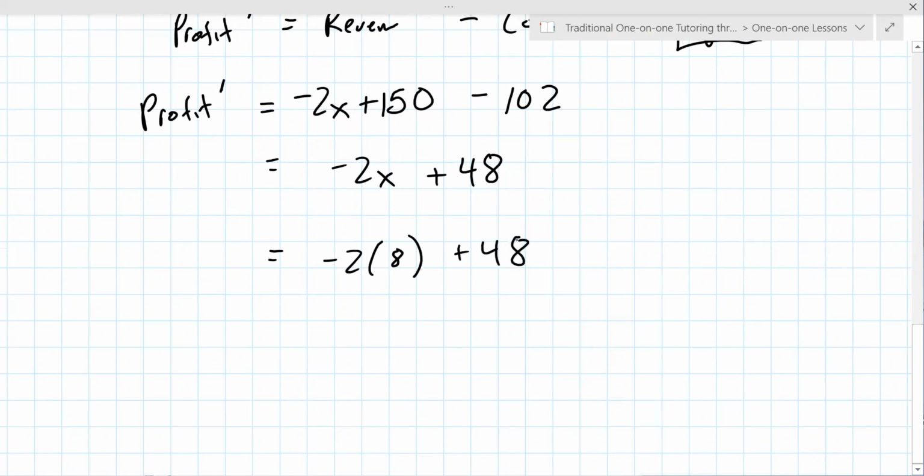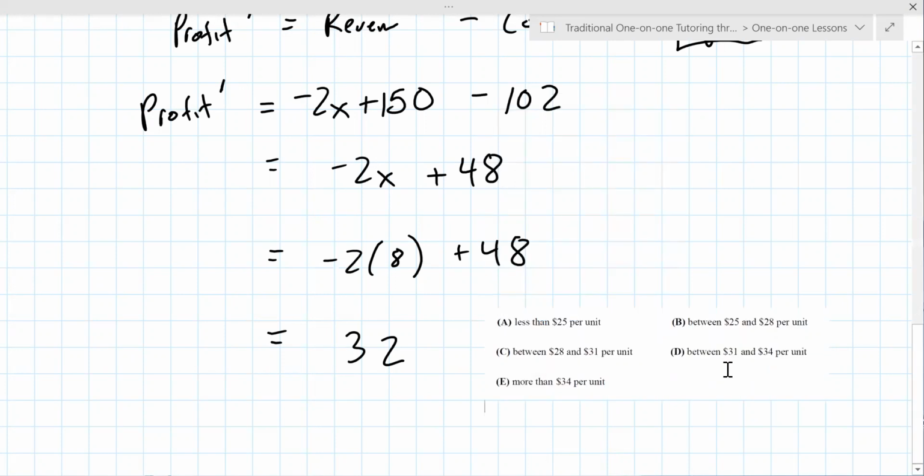Plus 48. So this equals 32. And then when you get your answer space, let me snip that in. You can see that it's right there between those two.